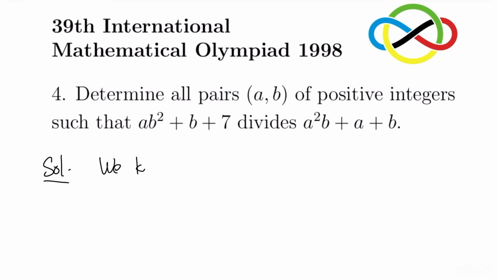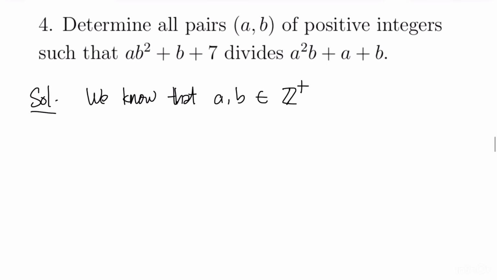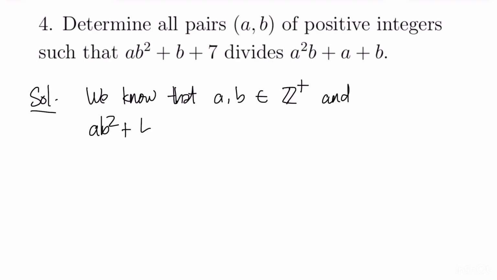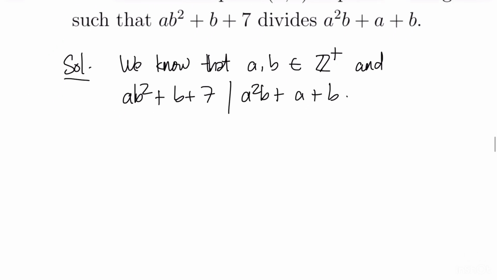So we know that a and b are positive integers, and ab squared plus b plus 7 divides a squared b plus a plus b. Now I'm going to use this expression in order to hopefully simplify it.